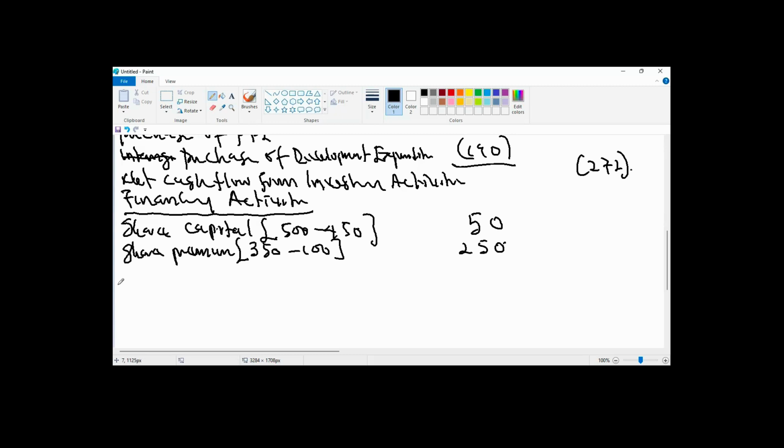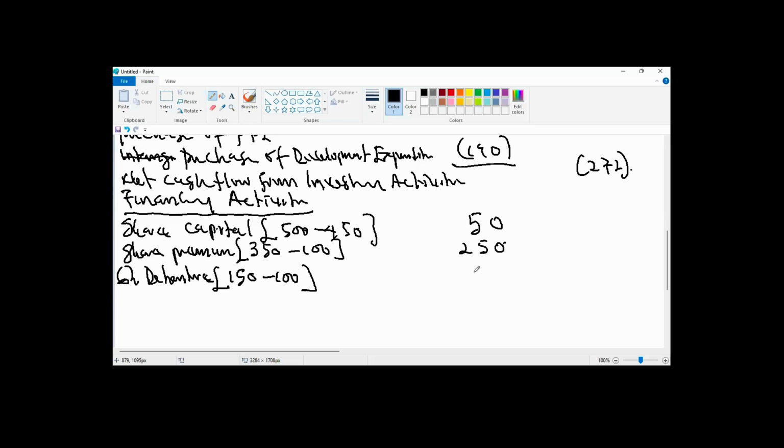Borrowing. Let's go to the non-current liability. 6% debentures.